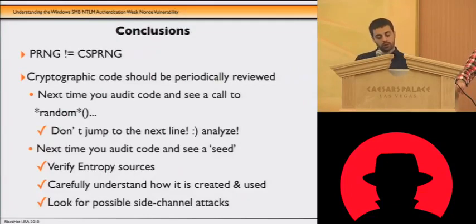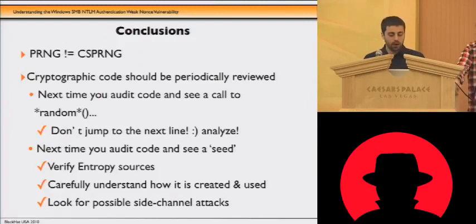The other thing is to verify how the entropy is gathered. In this case, the entropy was gathered using the current system time and adding a global variable, and that's not a good way to do it. I can't explain how to do it because it's very long to explain, but go get a book about cryptography and read about that.